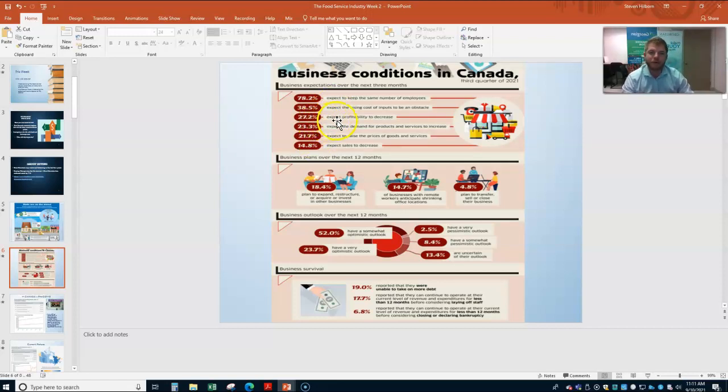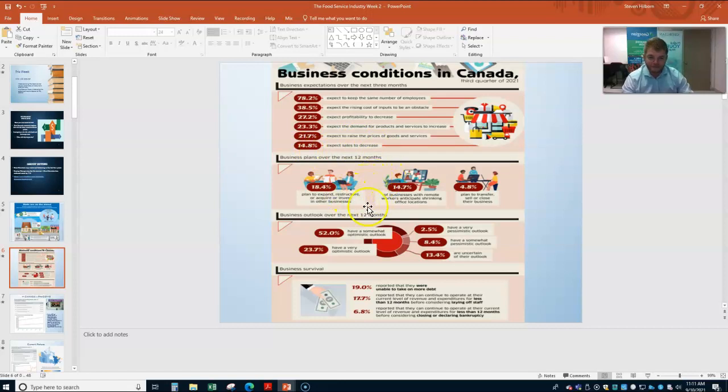About 30% expect profitability to decrease. 23% expect the demand for products and services to increase, so more customer base, more people coming. 22% expect to see the rise of prices of goods and services, and only 15% expect sales to decrease.